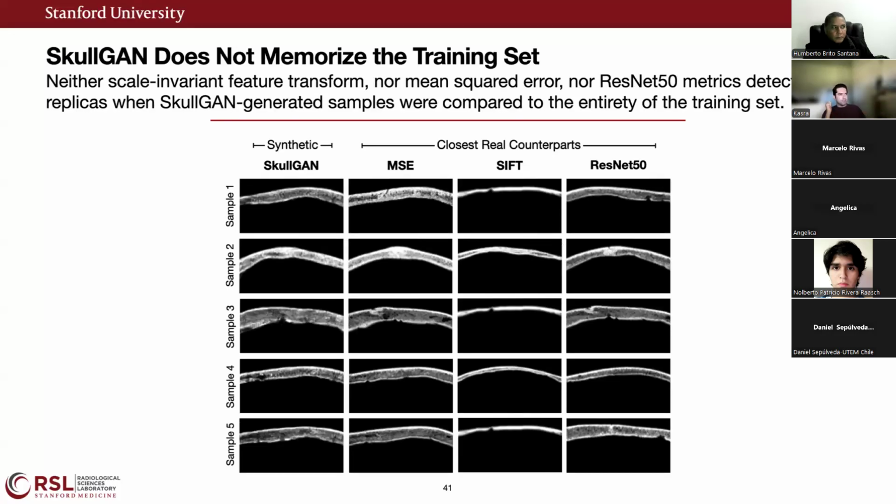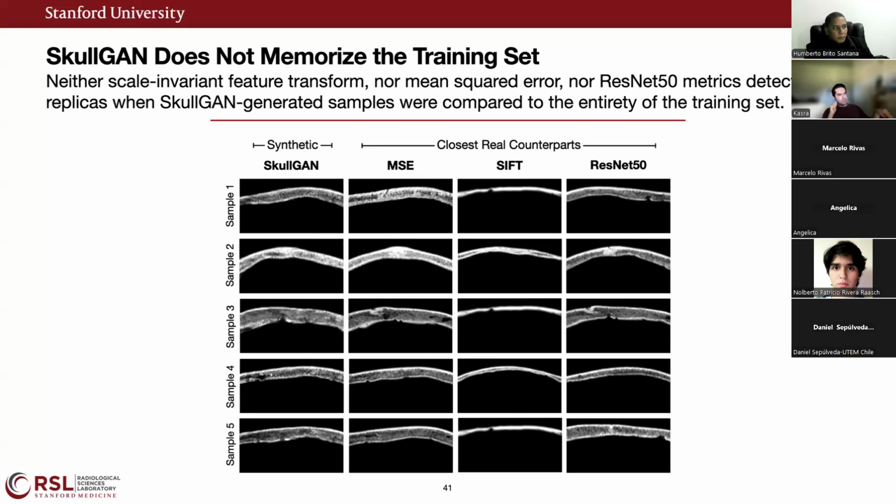We would generate sample 1, then using 3 different metrics, MSE, mean squared error, SIFT, and ResNet 50, we would compare that generated sample against the entirety of 2,414 training set to find the closest counterparts. And we would observe to see which of those, if any, is a replica of what we have generated.